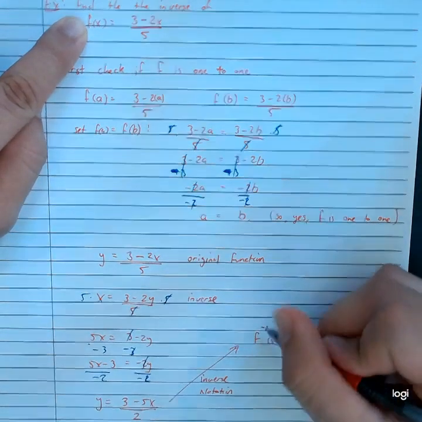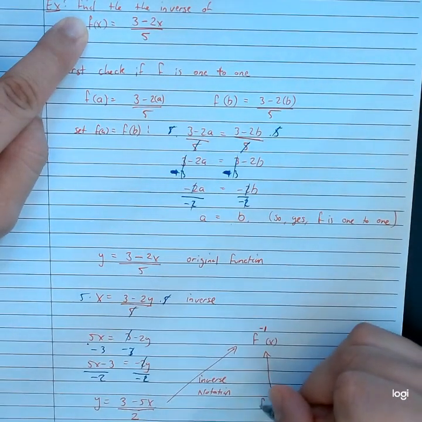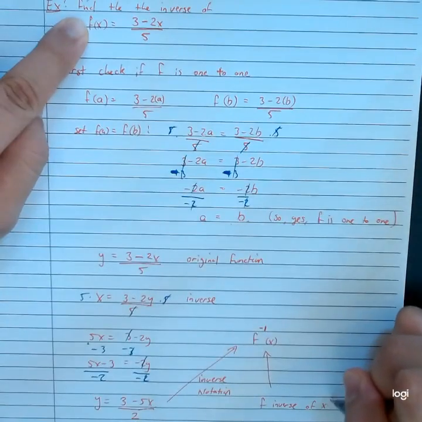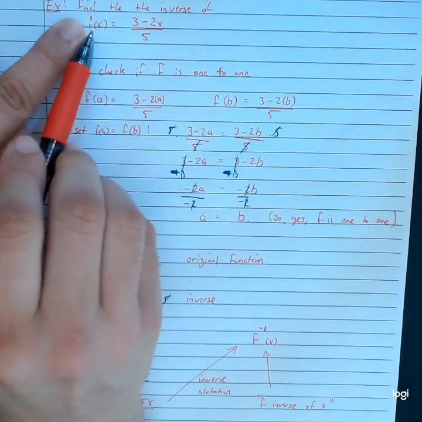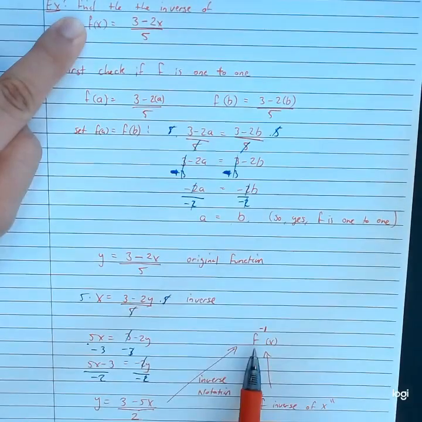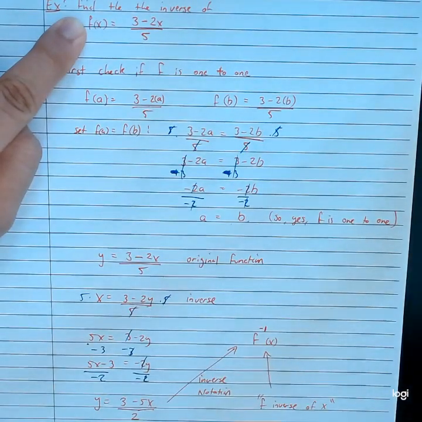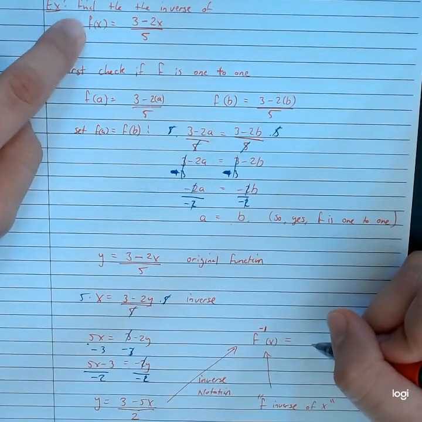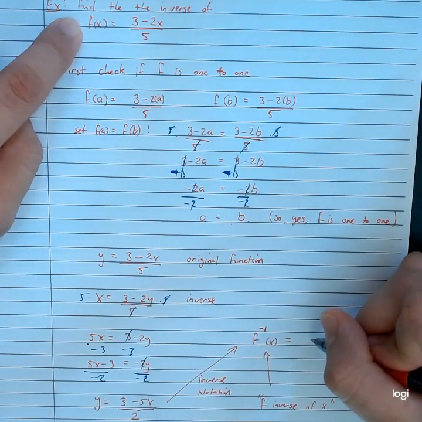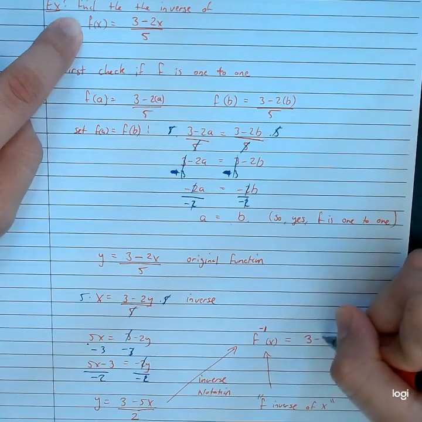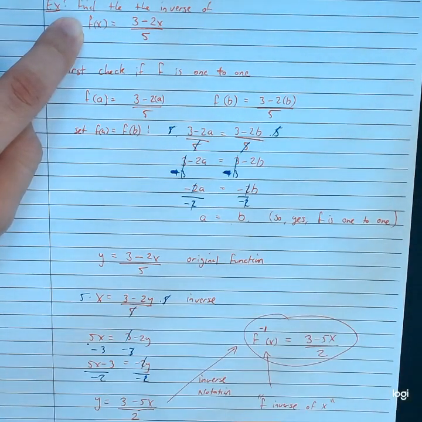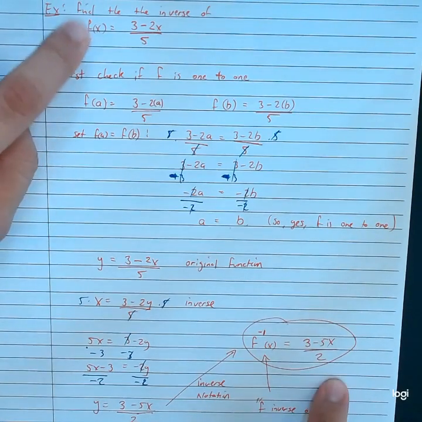This is read as f inverse of x. This one is read as f of x. This one is read as f inverse of x. So f inverse of x is the function that flips this one, that inverts this one. And it is equal to 3 minus 5x over 2. And there we go. There's our answer. That is the inverse of that function.